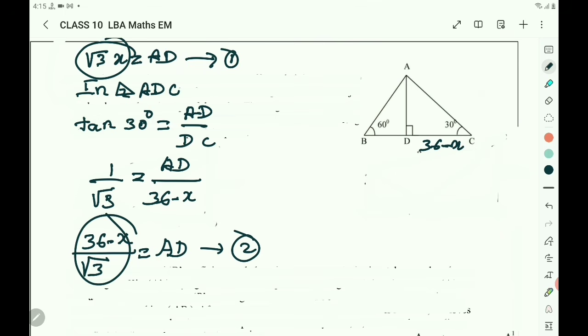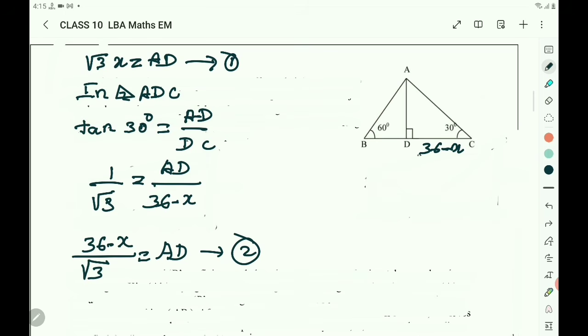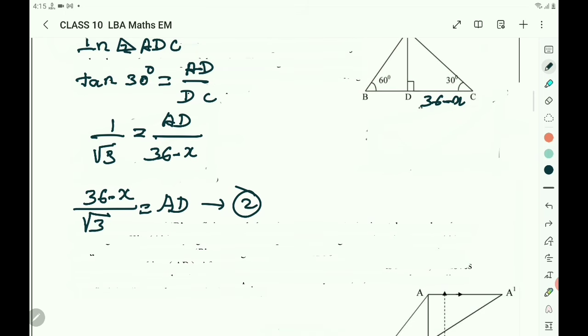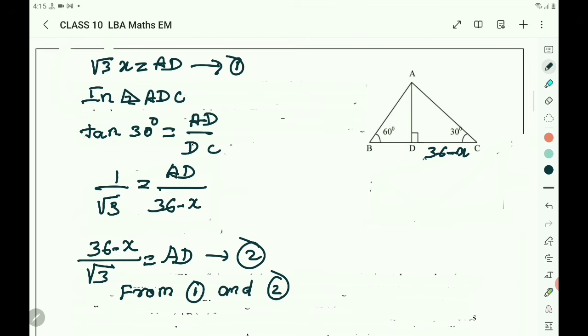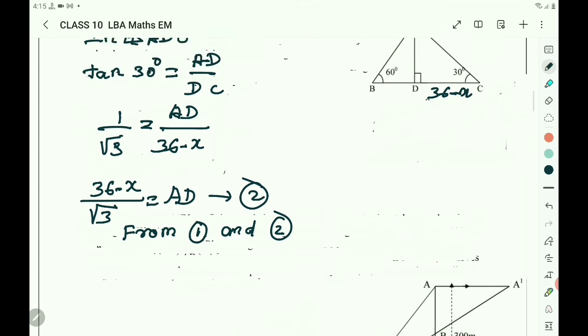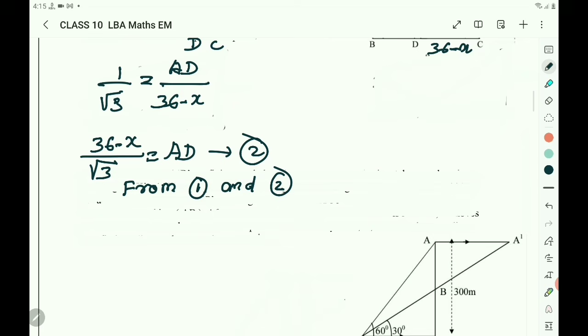Then you can write from first and second, root 3 x equals 36 minus x by root 3.